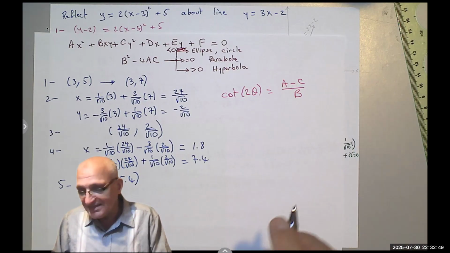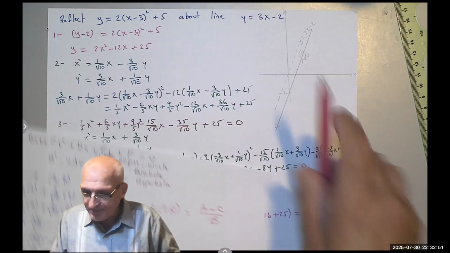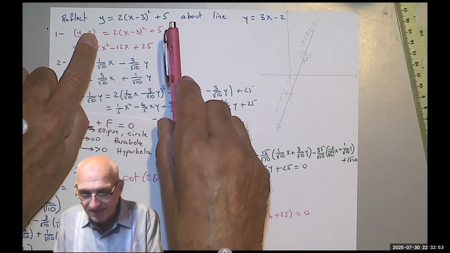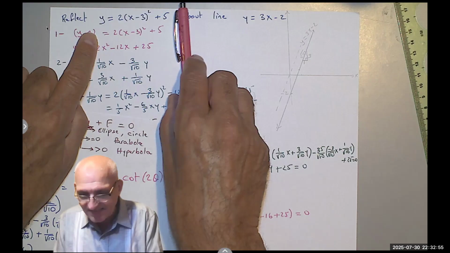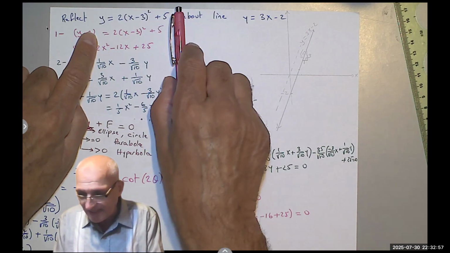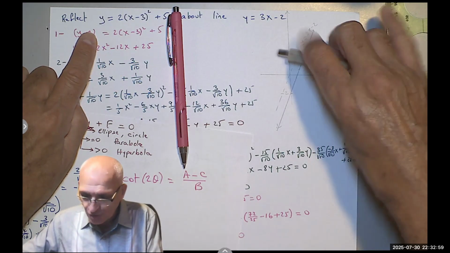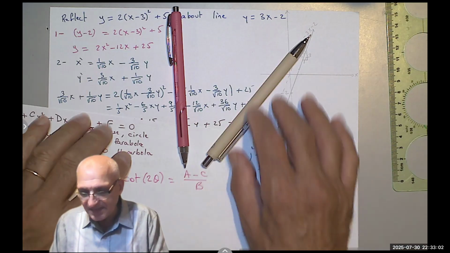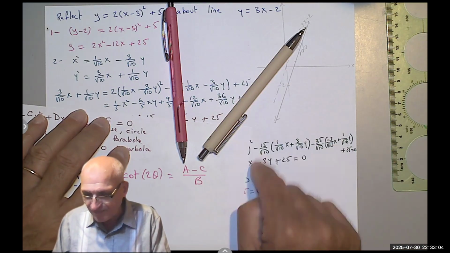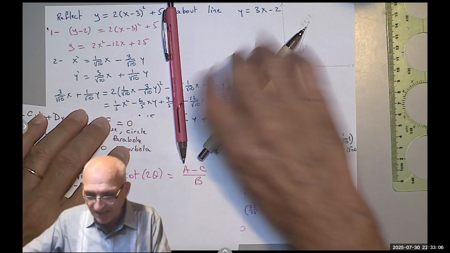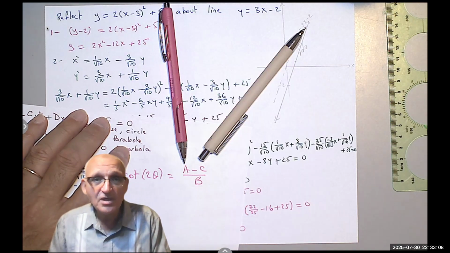So you can find the angle, first of all, between the original parabola that has its axis as the y-axis and this line that has a slope of 3. You can use the calculator and find the inverse tangent of 3, subtract it from 90, and find the angle between these two things.